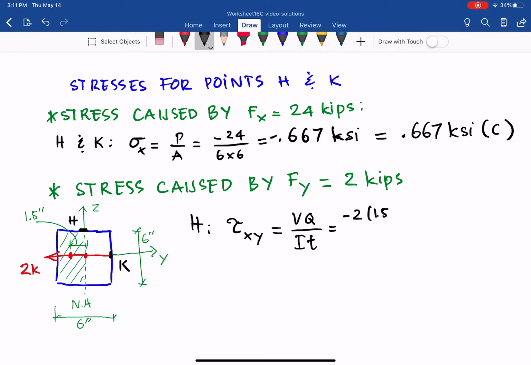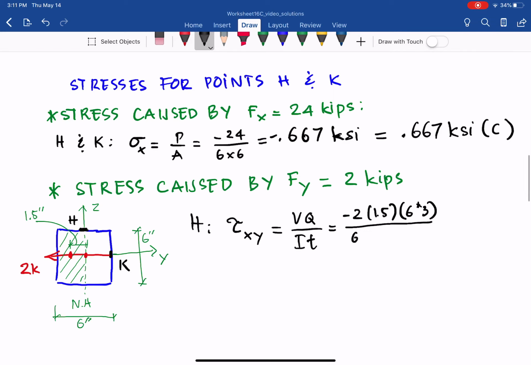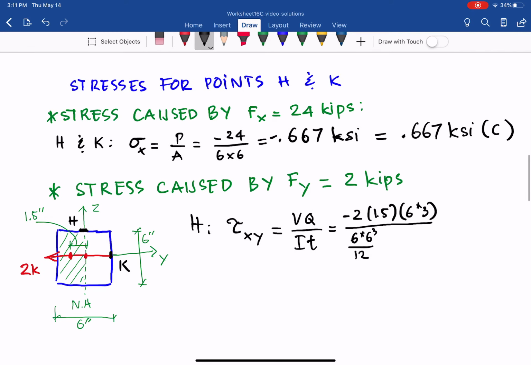And then the outward area is 6 times 3, over I, which is bh cubed over 12, so 6 times 6 cubed over 12, and then times t, the thickness or the width, which is also 6.